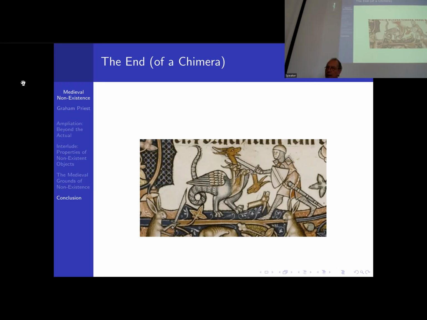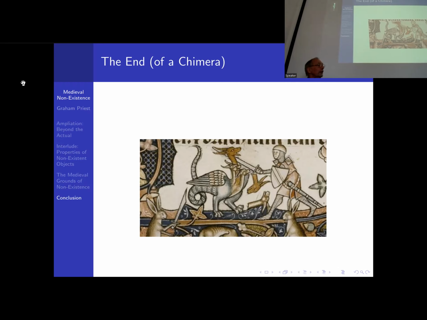What are the medievals going to say about this? Well, again, my knowledge of medieval logic is not sufficient to say what they actually did say. But I presume they were familiar with the fact that in the vernacular, the domain of quantifiers is contextually determined. So if they say that, then of course they're not going to put it in those terms, but there's certainly scope for saying that some things don't exist.